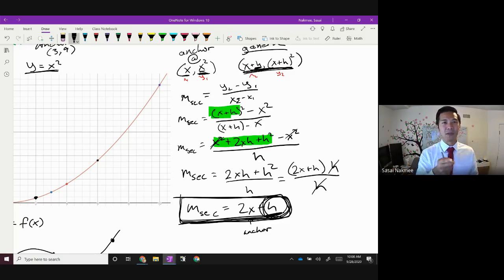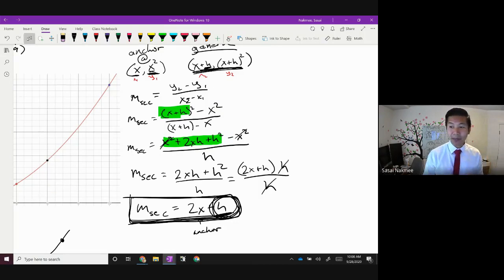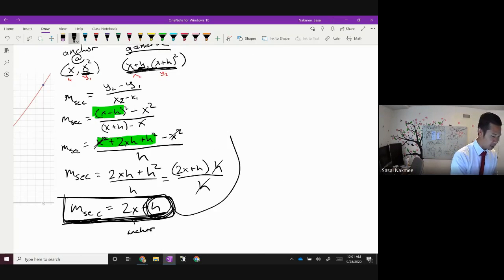I'm saying we don't. We spent a whole chapter learning about limits, did we not? And what we're going to do now is apply the idea of a limit to this problem. If I have here the slope of a secant line, I'm going to write this on the side over here.